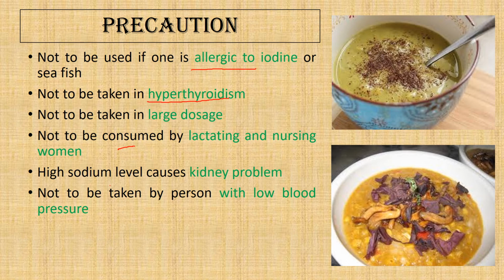Also, dulse should not be taken in large doses. You should not consume it daily, but you can take it often but not daily, because excess of both iodine and other types of minerals can cause toxicity, especially iodine toxicity.